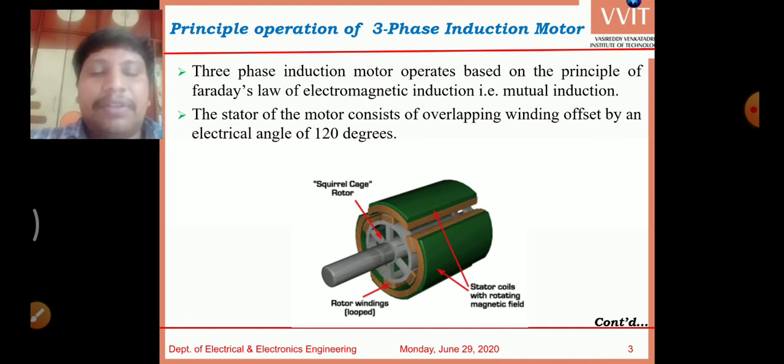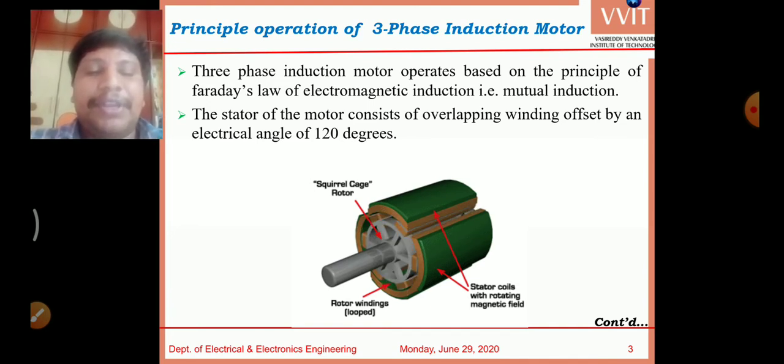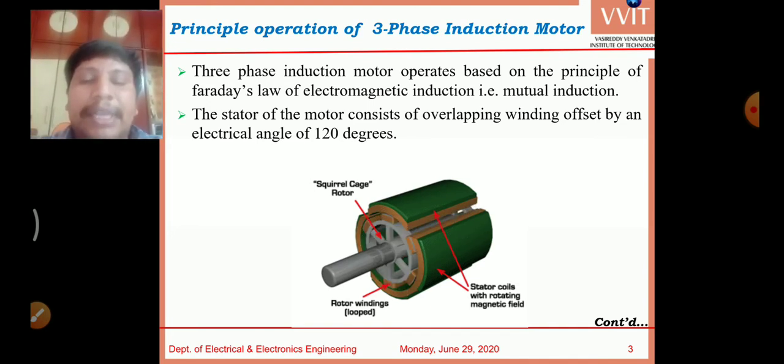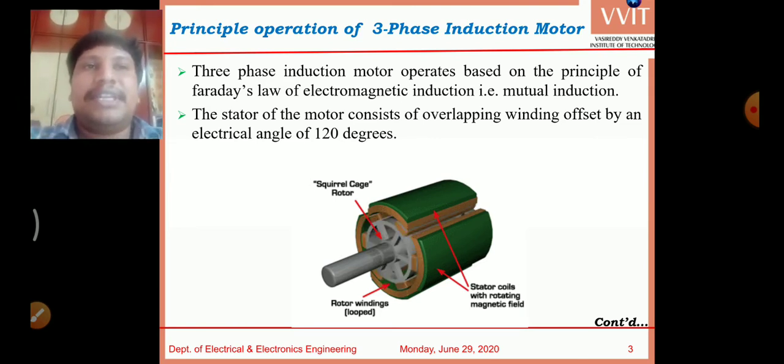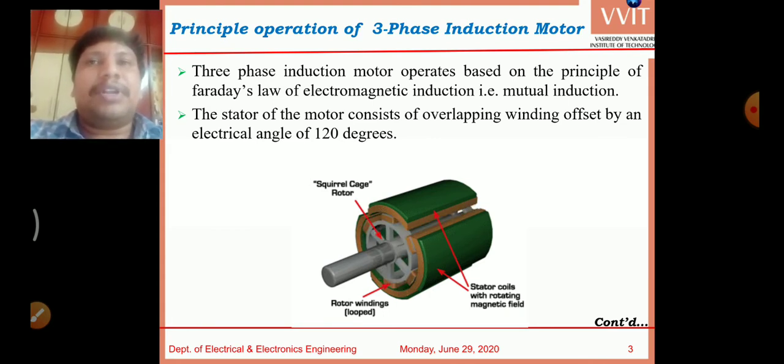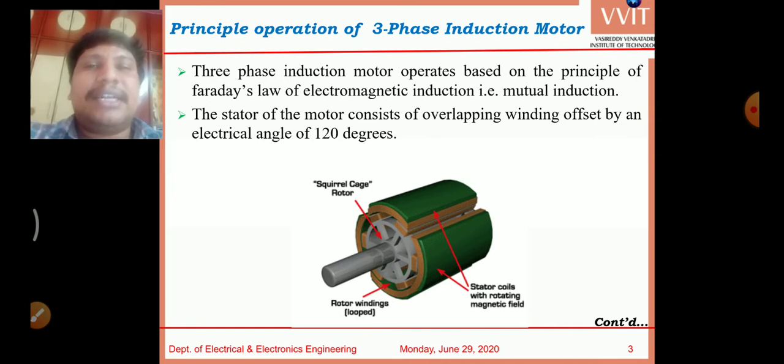According to Faraday's law, an EMF induced in a circuit is due to the rate of change of magnetic flux linkage through the circuit. The rotor windings in an induction motor are either closed through an external resistance or directly shorted by end rings. We have already discussed this in construction.